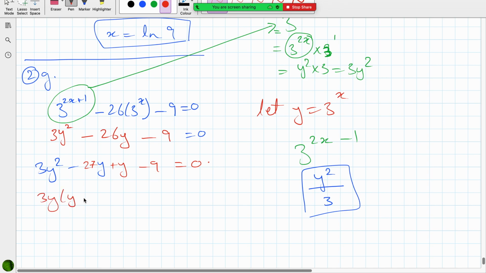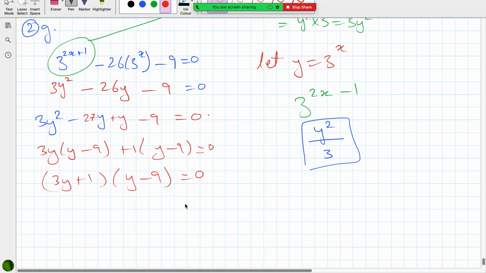So 3y common, y minus 9, plus 1 common, y minus 9 is equal to 0. 3y plus 1, y minus 9 is equal to 0.